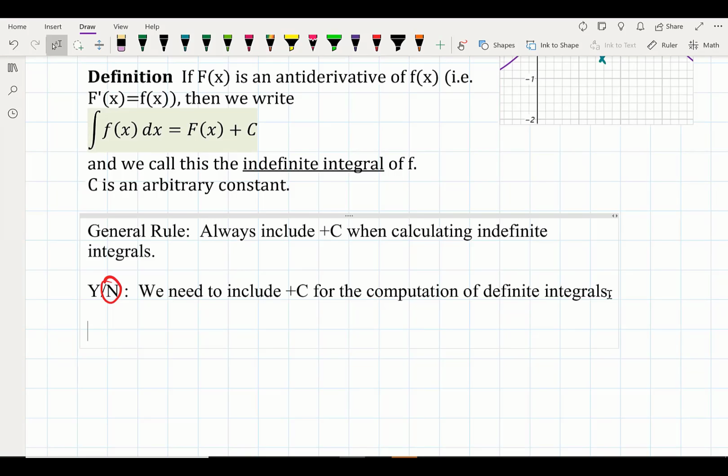Now that we've learned the word indefinite integral, we can translate all of our statements about antiderivatives into statements about indefinite integrals. Back in week 1, I wrote down a list of common antiderivative formulas.